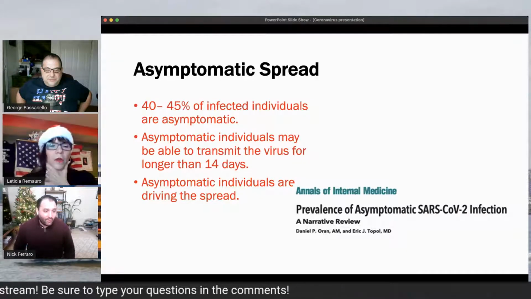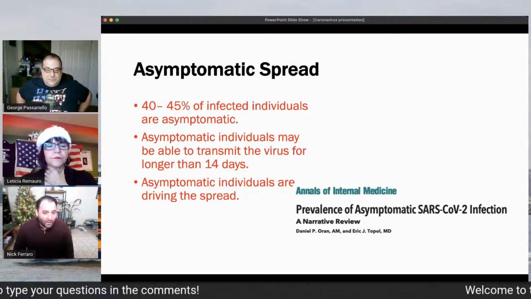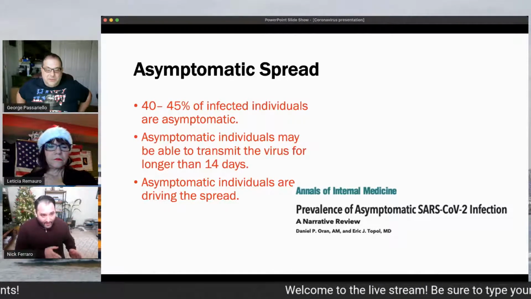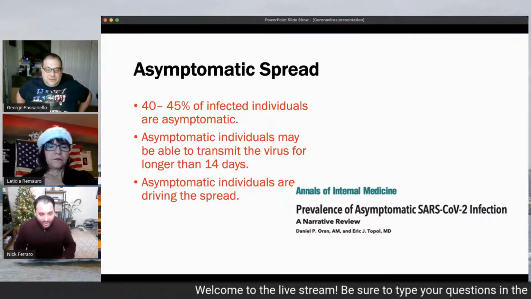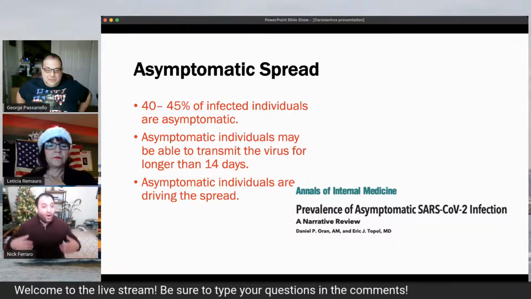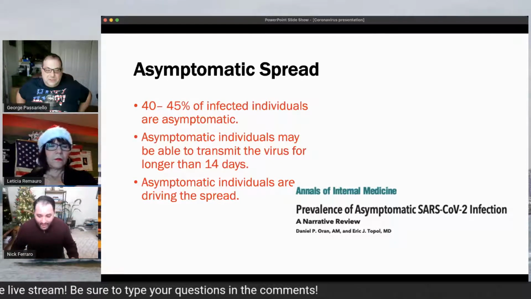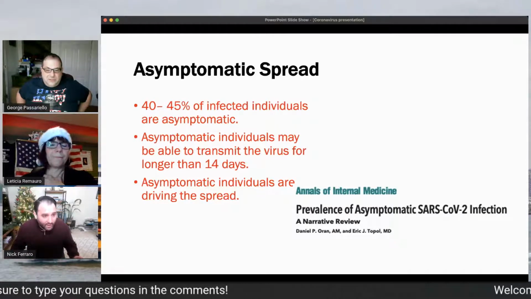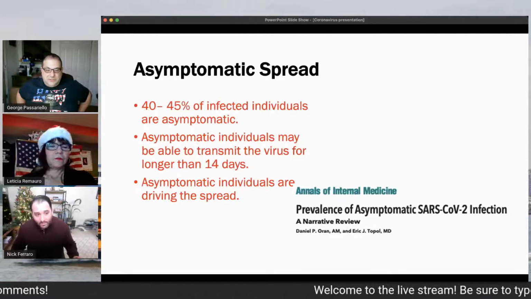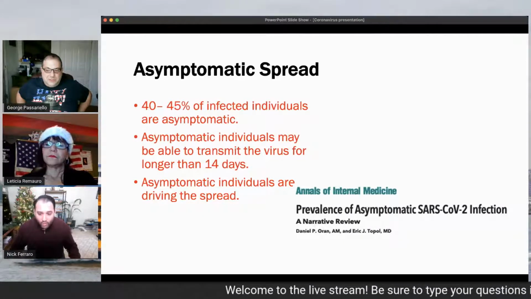But since almost half of people who actually get tested are asymptomatic, that's an indication that there are more people in the population who are carrying virus, are shedding virus, and don't even know it, right? And asymptomatic people have been shown to shed virus for longer than people who were symptomatic.